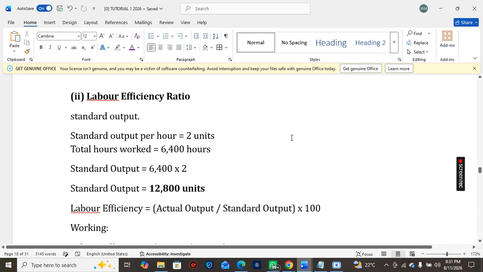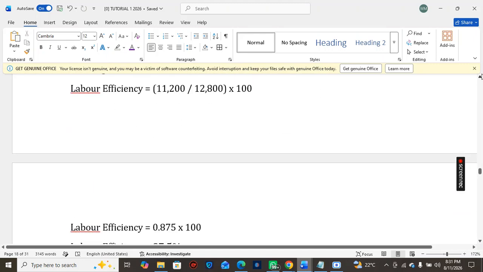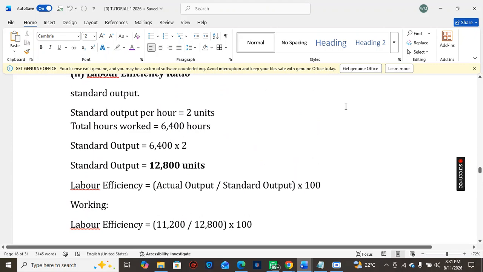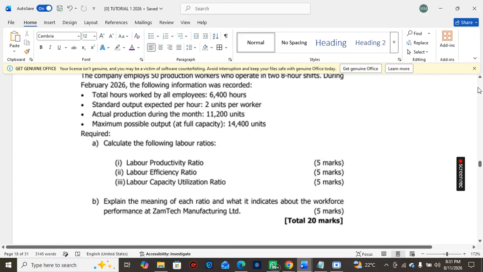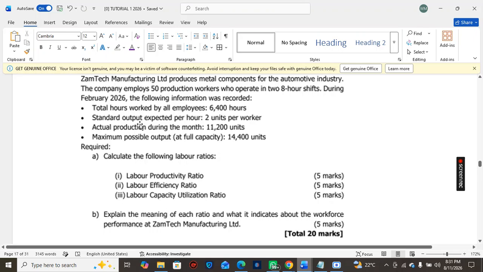So our actual output was 11,200, which was given in the question. Then our standard output. Remember, it's 2 units per worker. Here they told us the standard output expected per hour is 2 units.